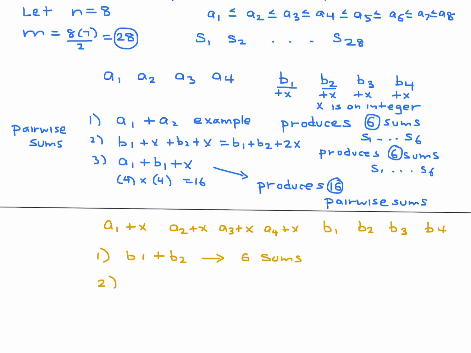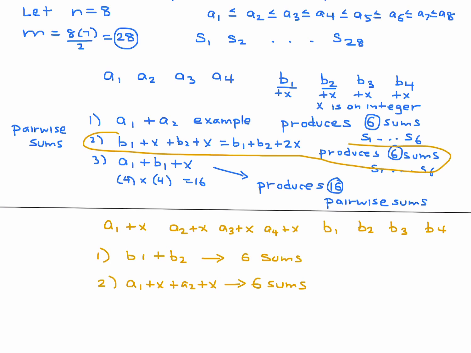Same story. Then we can also have a scenario where we add 2 of these guys. Say this and this. So for example, A1 plus x plus A2 plus x. That is very similar to A1 plus A2 with an additional 2x, and that's also going to produce 6 sums.